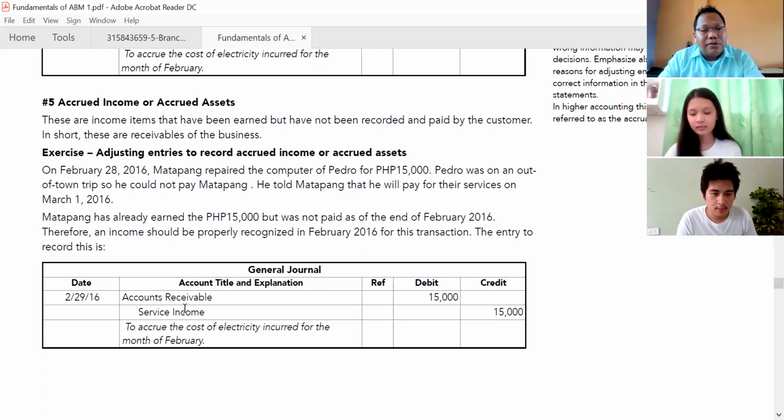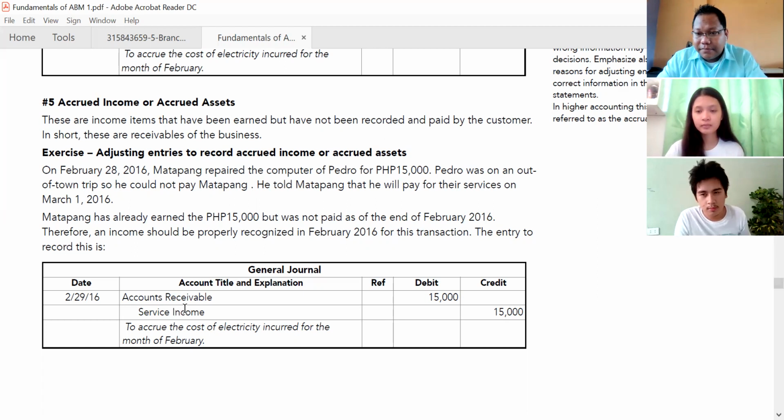By crediting accounts receivable on March, what's the date? What's the date that I mentioned? March 12?